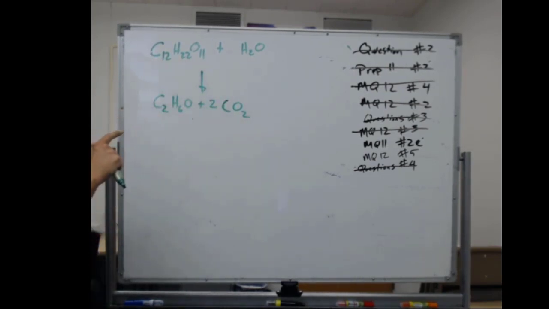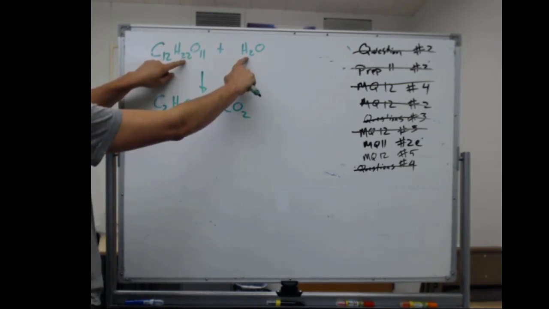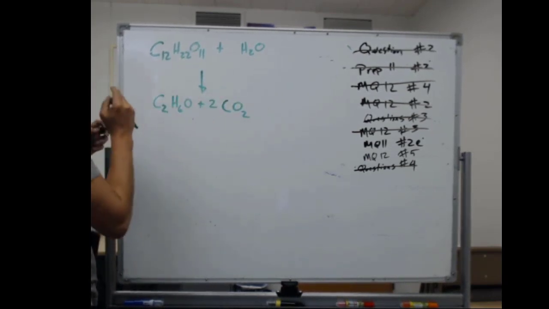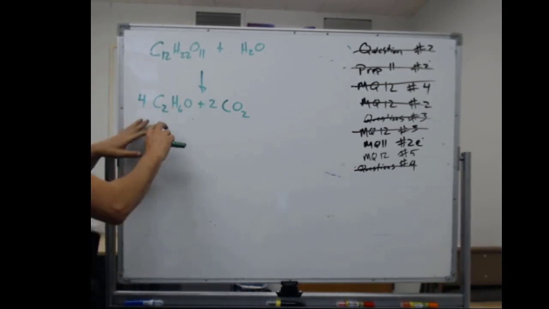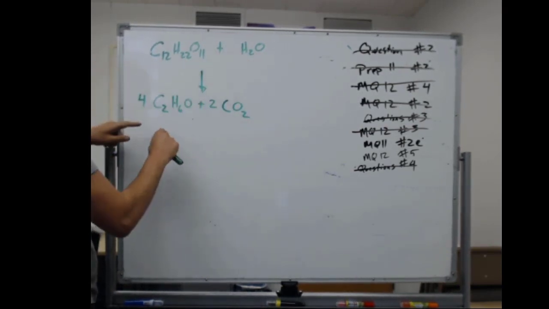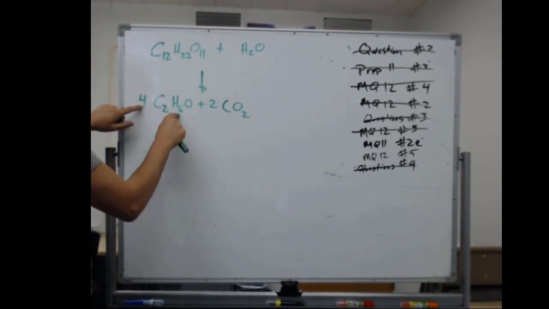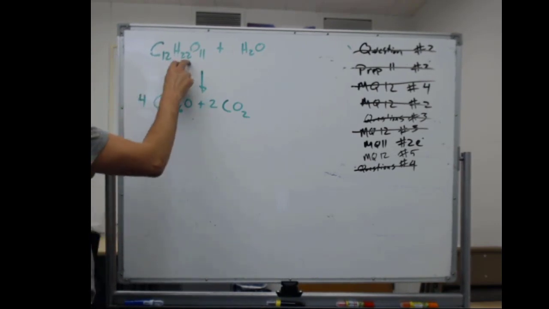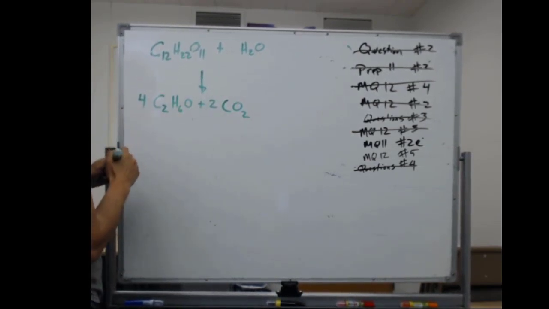Oh, that's nice. Okay, that might be good. 24 hydrogens. 6 times 4 is 24. So as long as those two things have the same coefficients, that's going to take care of my hydrogens, right? That's 22, 2, 4, and then 4 times 6, that's 24 hydrogens.